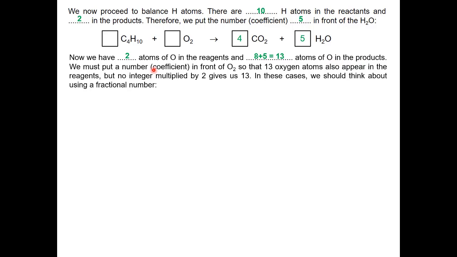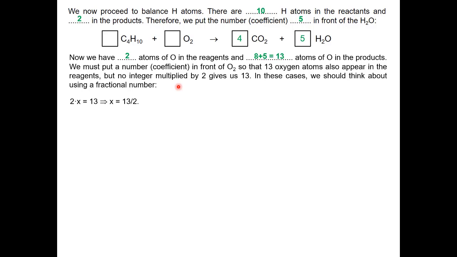We must put a coefficient in front of oxygen so that 13 oxygen atoms also appear in the reagents, but no integer multiplied by 2 gives us 13. In these cases, we should think about using a fractional number.